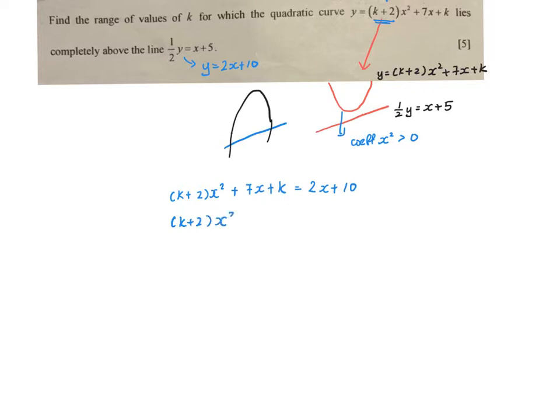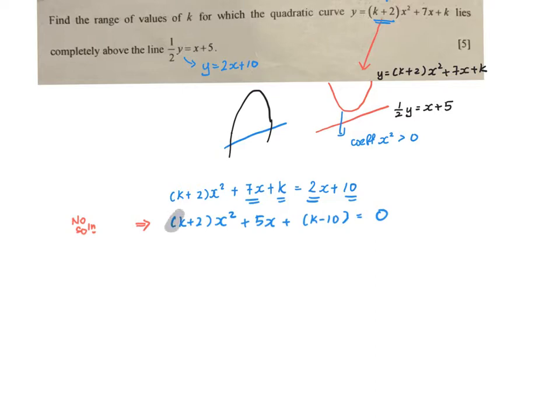Let me just tidy up a bit. Eventually you get k plus 2 x squared, 7x and 2x gives 5x, and k and 10 gives plus k minus 10 equals 0. Now this equation will have no solution, which also means that the discriminant of this equation will be negative. How do we identify the discriminant here?